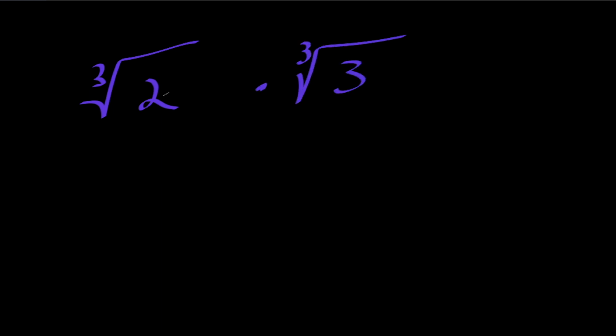Let's say we had the cube root of 2 times the cube root of 3. Just like the first example, except now we have a cube root. Once again, we're still going to multiply 2 times 3 to give me 6, but then we're going to keep everything under a cube root. And the same thing applies for a fourth root, fifth root, however far you want to go. So that's as simple as I can make it as far as the overall concept.